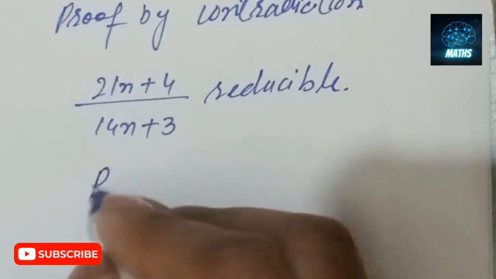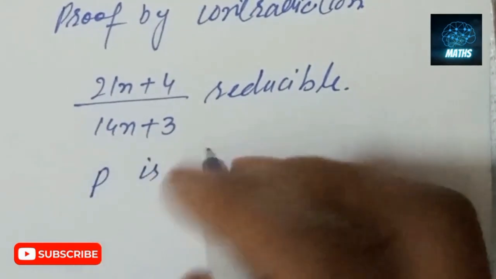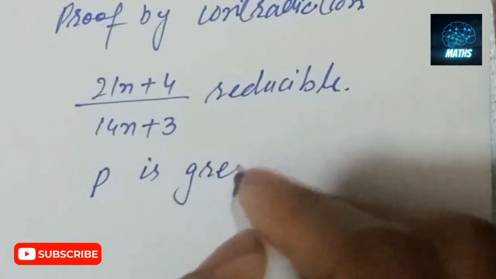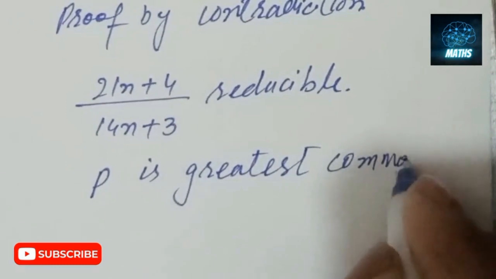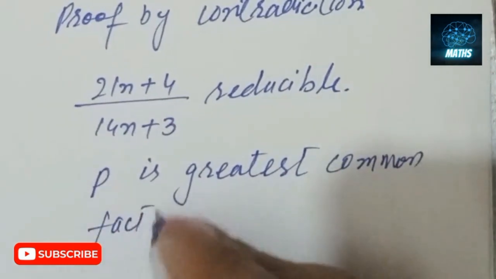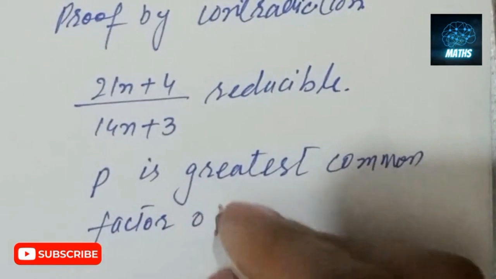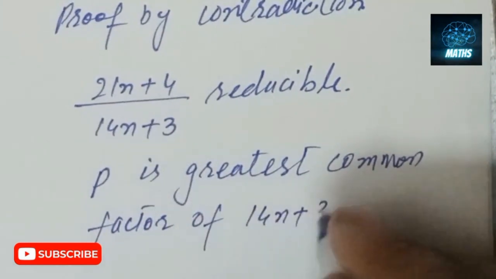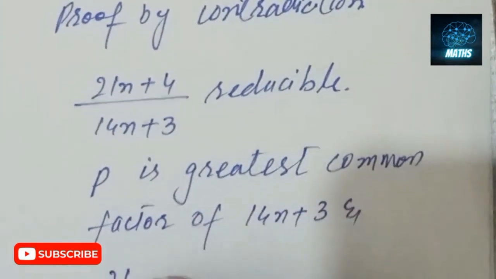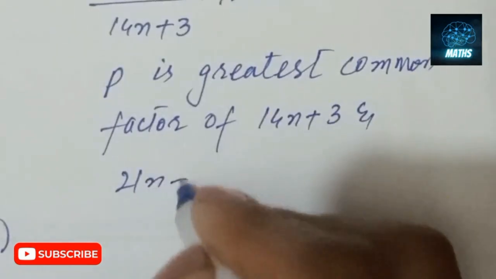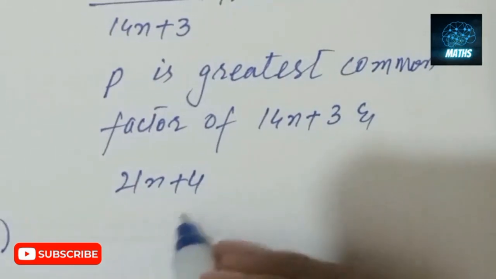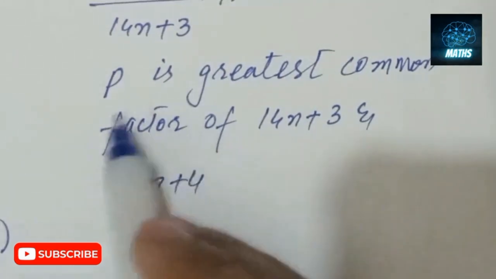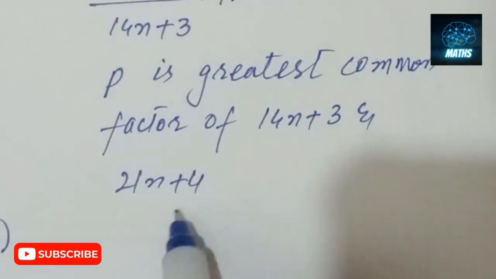So here I let p be the greatest common factor of 14n + 3 and 21n + 4.